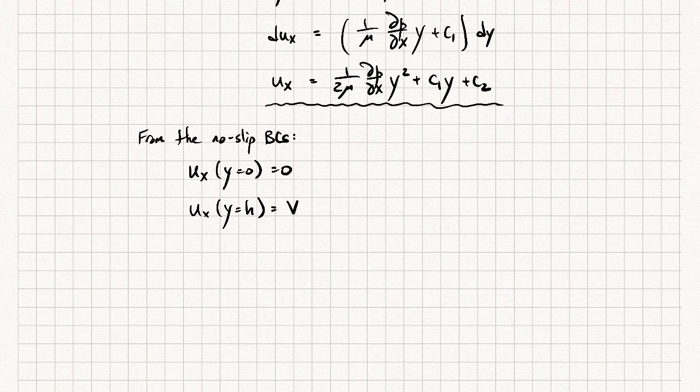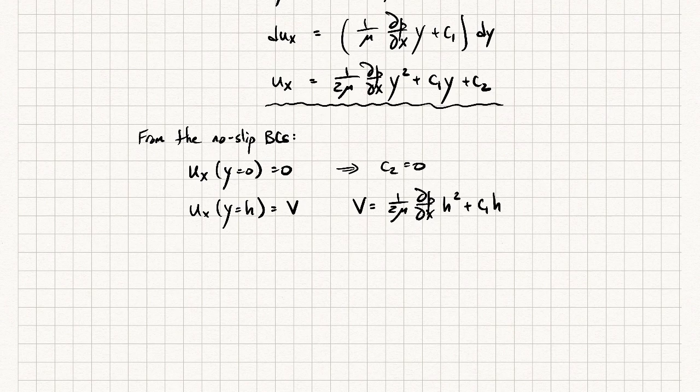So if I plug in y equals 0 into here, this will be 0, this will be 0, so we'll quickly see that c2 is equal to 0. And then if I plug in y equals h, and ux equals v, we'll get v is equal to 1 over 2 mu dp/dx h squared plus c1 times h.